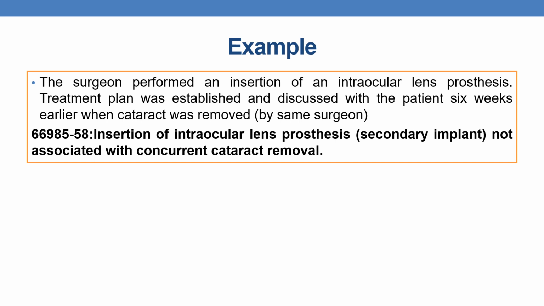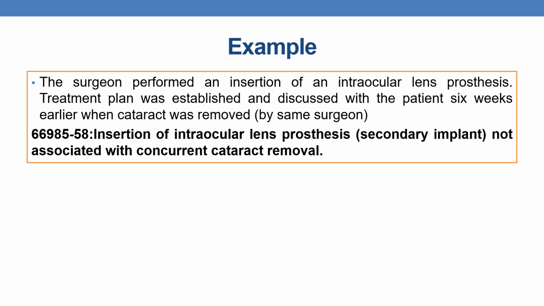58 modifier indicates staged or related procedure or service by same physician during the post-operative period. If a planned or related procedure is performed during the post-operative period by the same physician or other qualified healthcare professional, you need to use 58 modifier.